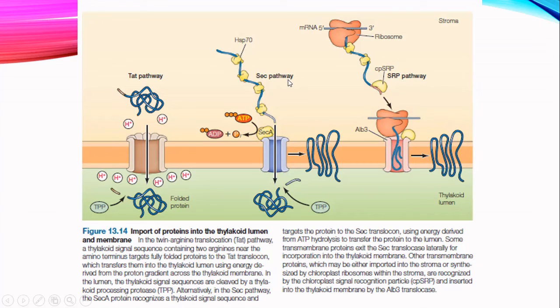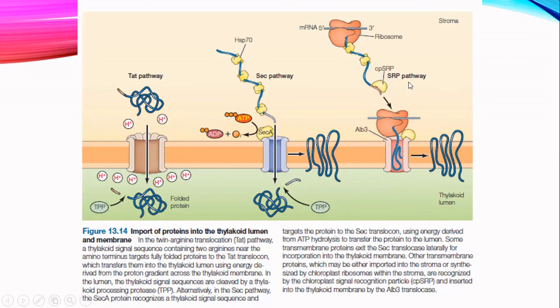While in the SEC pathway, the protein is accompanied by certain proteins passing through a channel, and then it could go either to the thylakoid lumen or into the membrane. In the TAT pathway, the newly sequenced protein enters the channel, passes through it, and stays in the lumen. It is not inserted in the intermembrane.